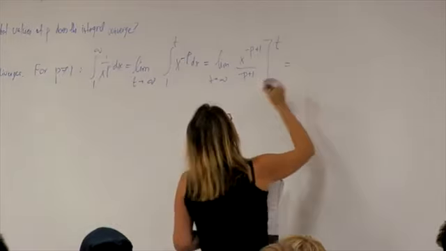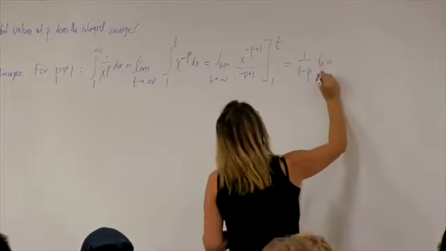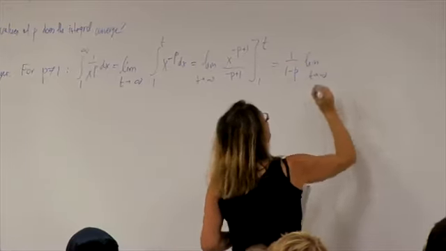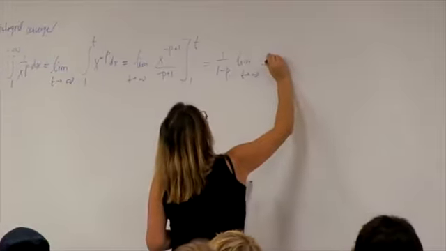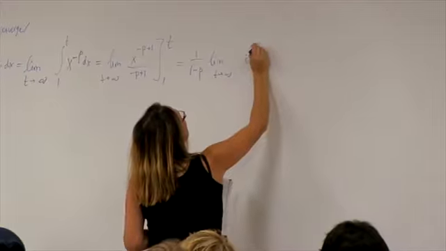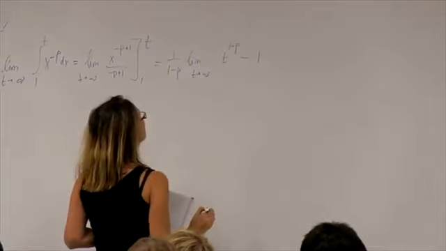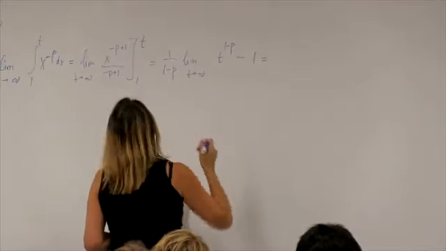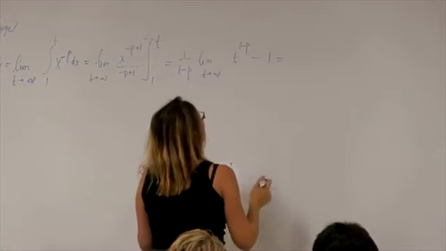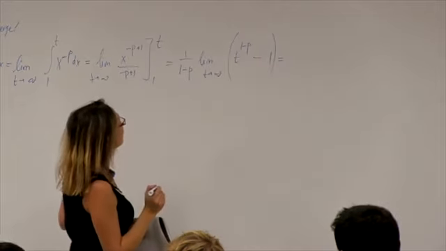Fine. So I continue to write 1 minus p. This is just a number. The limit as t goes to infinity of t to the 1 minus p minus 1. So when is this finite?